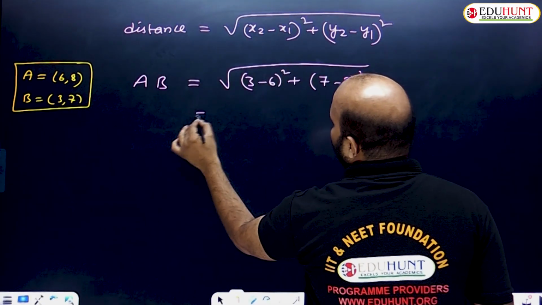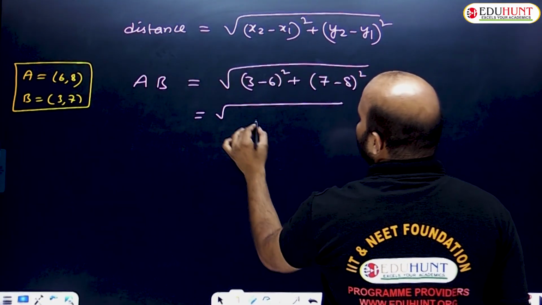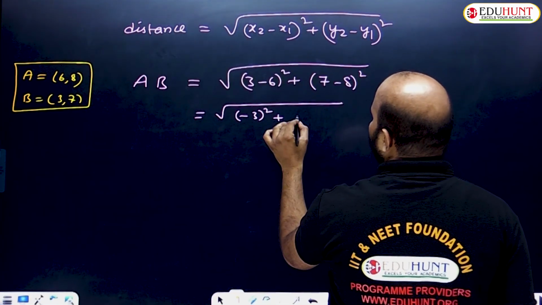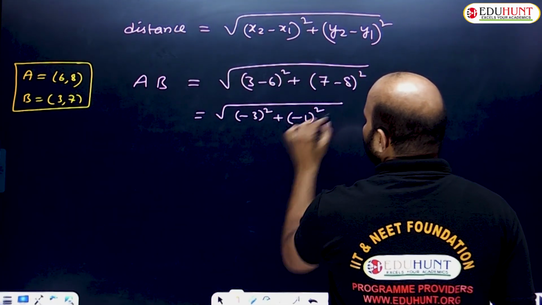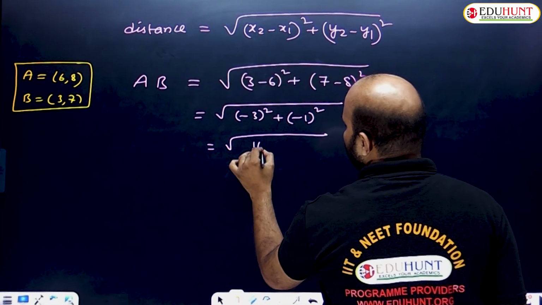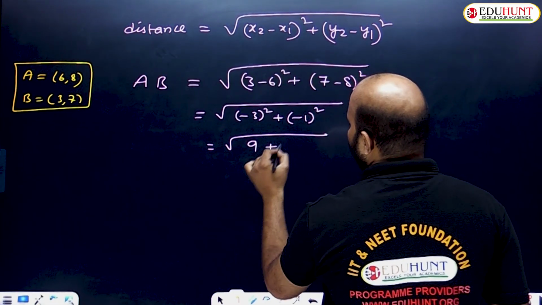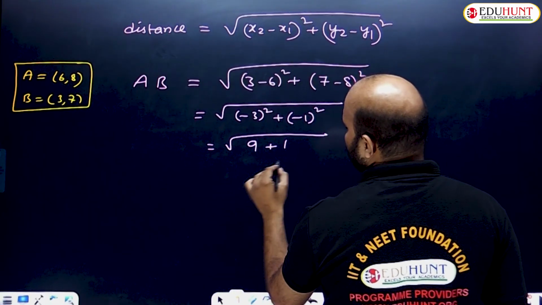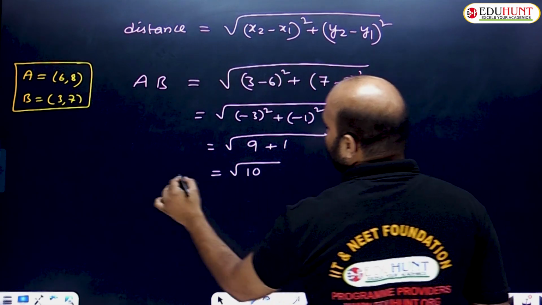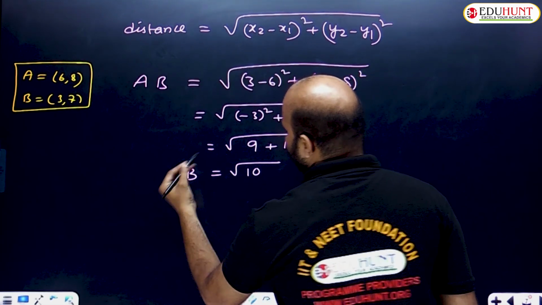That is 3 minus 6, nothing but minus 3, whole square gives positive 9, plus minus 1 whole square gives positive 1. So total square root of 9 plus 1, which is 10. So what is the AB length? Root 10.